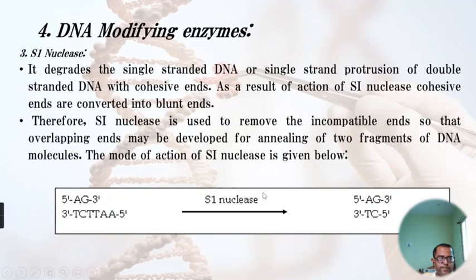After treatment of this fragment with S1 nuclease, it removes this TTAA fragment from the molecule. You can see here, this is the blunt end product generated by the treatment of this fragment with S1 nuclease. So this S1 nuclease enzyme is required for the conversion of cohesive ends into blunt end products.